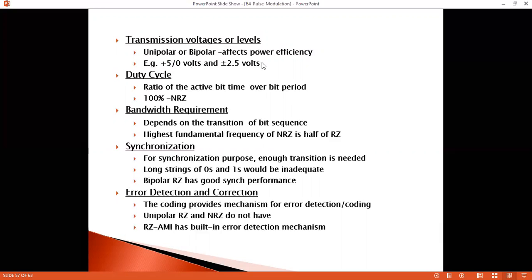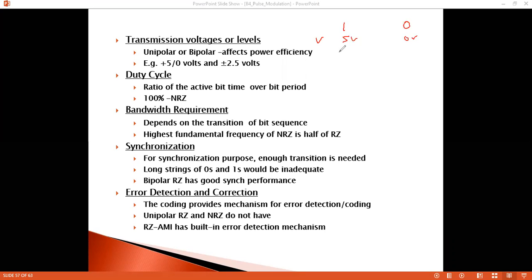Okay, so let's look at how it leads to different power efficiency. Let's say we consider bit 1 and bit 0. So this is represented by the voltage 5 volt. This is 0 volt. So what's the average power to transmit these two bits?